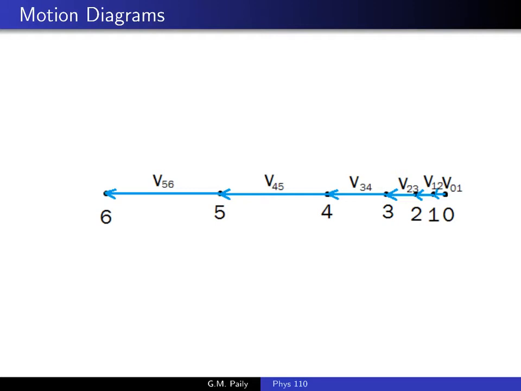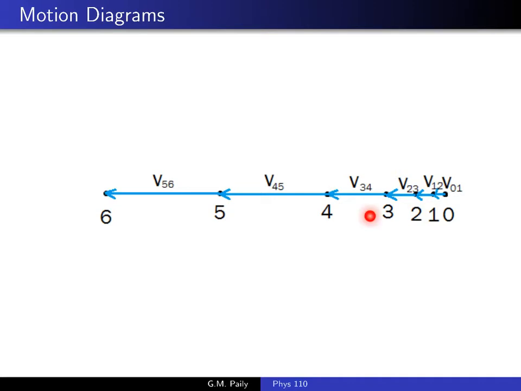Again, we can find the acceleration by taking the difference between two consecutive arrows. For example, over here, v34 is longer than v23, and so to get v23 to be the same length as v34, we add a small acceleration pointing to the left.